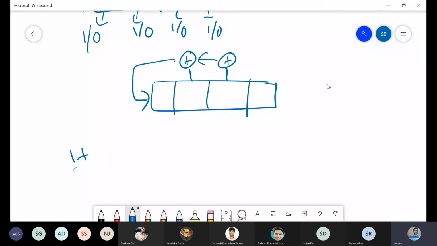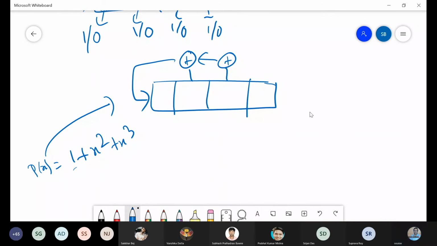Then x, either this way or this way, doesn't make any difference. This has no contribution, so x will not come. x square will come, then x cube will come. Then there is no x to the power 4. So this is the polynomial corresponding to this LFSR: 1 plus x square plus x cube.